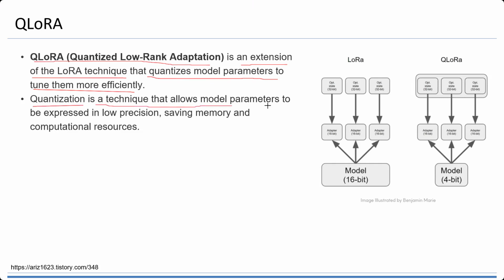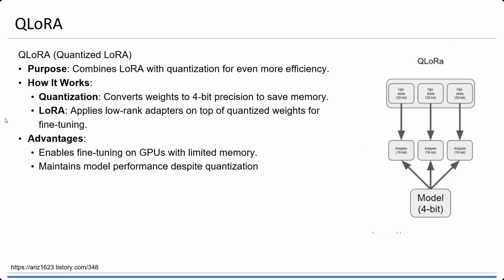It is a technique that allows model parameters to be expressed in low precision, saving memory and computational resources. So in the QLoRa, they will use the smaller model in order to do the adaptation. The purpose is to combine the LoRa with quantization. It is for more efficiency.